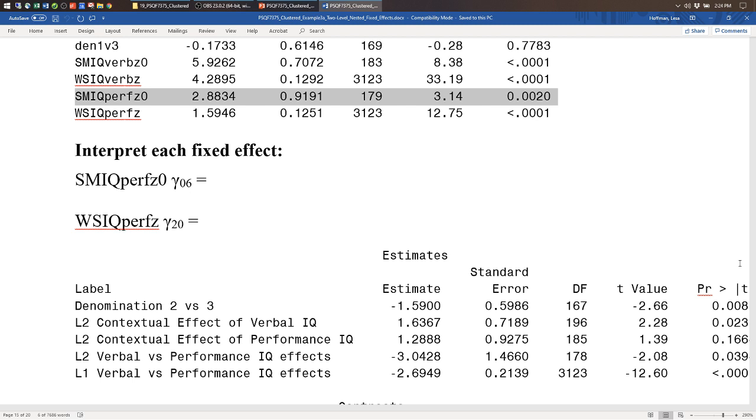So for every unit higher within school IQ, that's a unit higher than other people in your school. So if you're relatively smarter, for every unit relatively smarter you are, your language, not your school's, yours, goes up by 1.6.